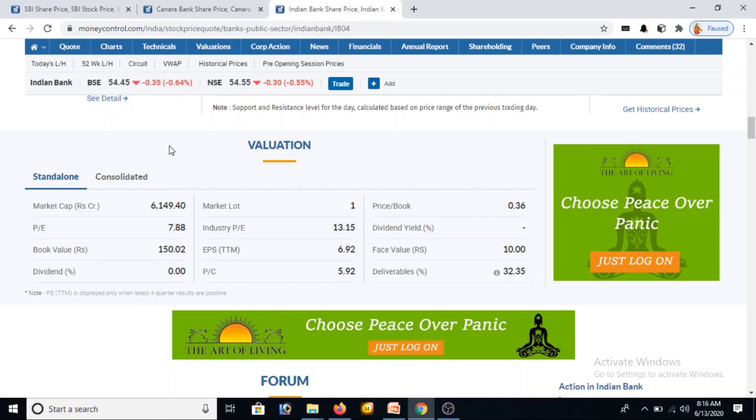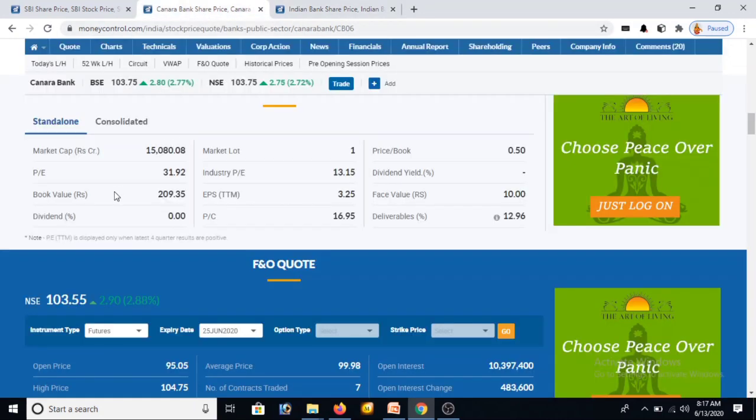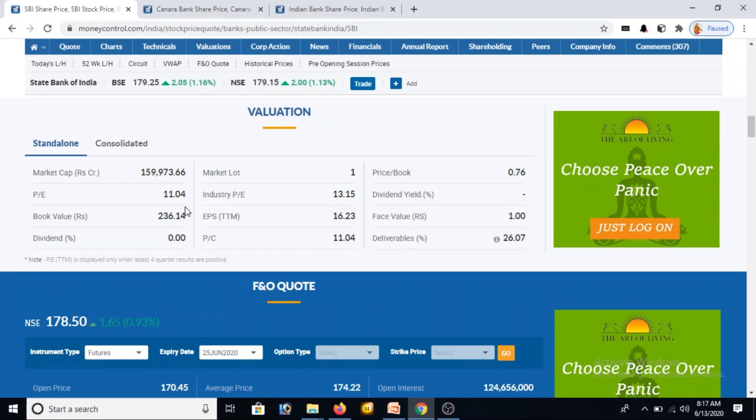So we have to compare this company's PE with that of industry PE as well as these peer companies. So when we compare Canara Bank's PE, that is 31.92, with that of SBI, 11.04, we can assume that buying SBI is far better than buying Canara Bank, if other indicators or other fundamental profit side and other companies' performance is good.